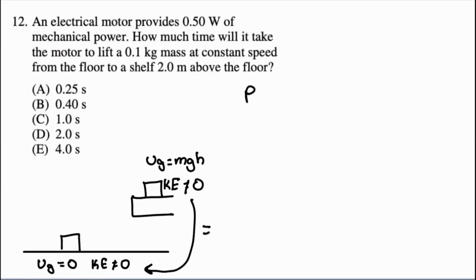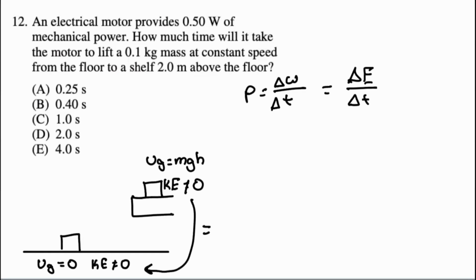So we know that power is equal to the change in work over the change in time, and we know that work is equal to energy. So we can say that power is equal to the change in energy over the change in time.